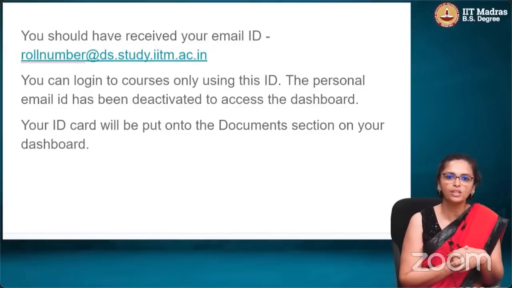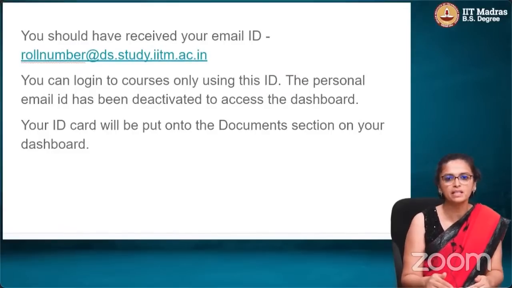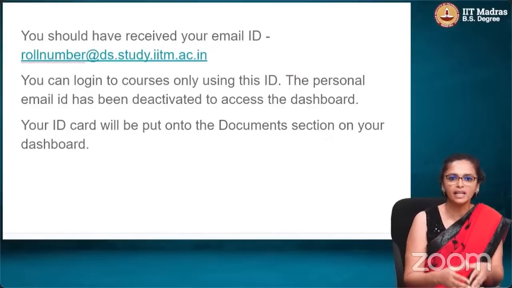So you can log into courses going forward only with this ID. Your personal ID would have been deactivated and you can access the dashboard, you can access the courses only with the program given email ID. And your ID card would have been generated by us. You can find it in the document section of your dashboard. So these would have been done now that you're entering the foundation level and you're starting the program with us.